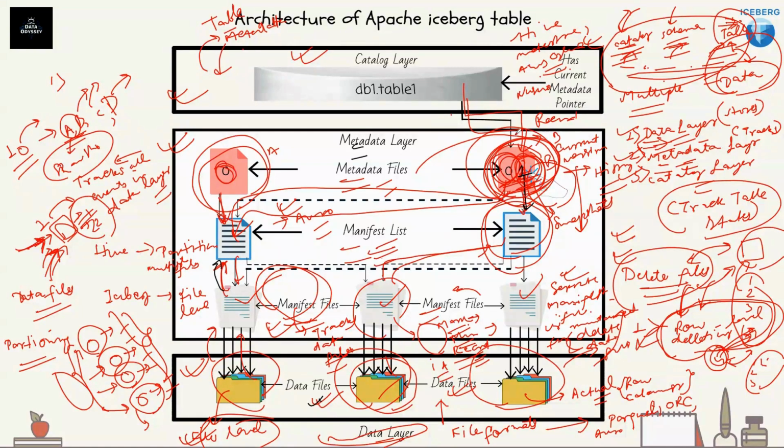This catalog is the reason that we are able to see a consistent state at any point in time. Now, what do I mean by a consistent state? Let me explain a scenario we faced in our project. Say we have a single table and you are writing to that table from multiple sources.